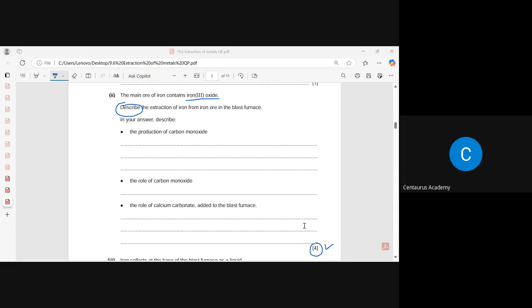Yes, that's right. Or you can say carbon burns in oxygen or in excess of air to form carbon dioxide as a result, and the carbon dioxide which is produced is then reduced, or will further react with carbon or coke to produce more carbon monoxide. Okay.